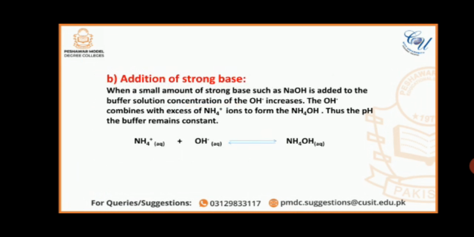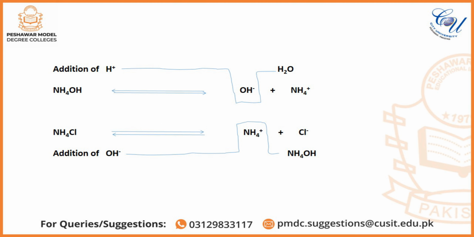Thus, the pH of the buffer remains constant. So, by adding an acid, the proton of the acid combines with hydroxide ion forming water. So, more ammonium hydroxide dissociates to restore the pH of the solution by producing the hydroxide ion.